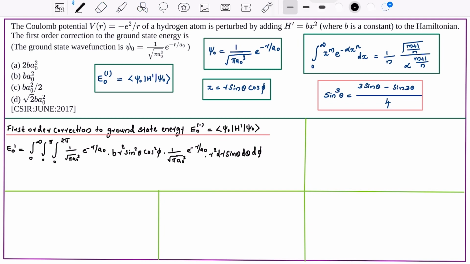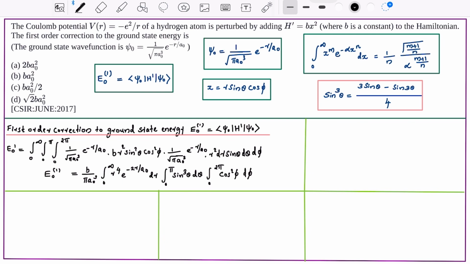Now let us take the constant term outside the integral. That is, this E01 is equal to B by pi a0 cube, times the integral 0 to infinity of r⁴ e raised to minus 2r by a0 dr, times the integral 0 to pi of sin cube theta d theta, times the integral 0 to 2 pi of cos² phi d phi.